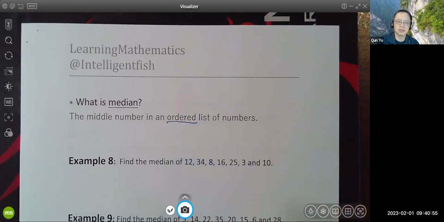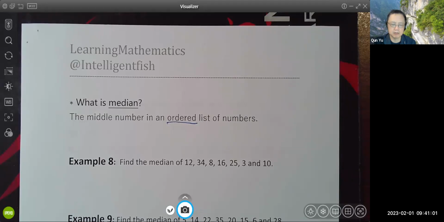It's not just a list of numbers. You don't just pick the middle number in a list of numbers. That list of numbers has to be put in order first. So either you list those numbers from the smallest to the biggest, or from the biggest to the smallest. Either way is okay. The middle number is still the same number.